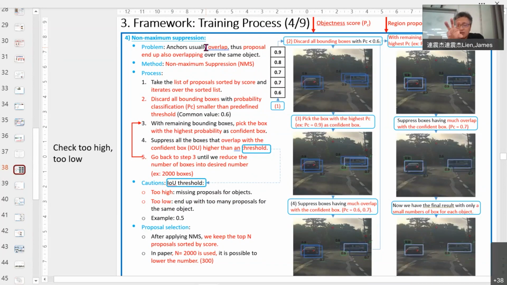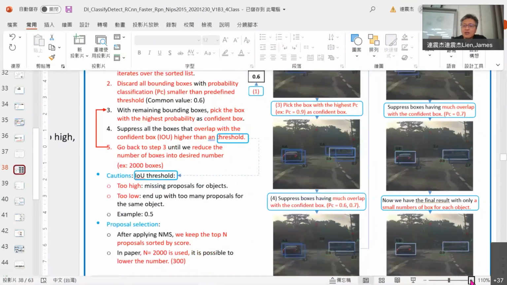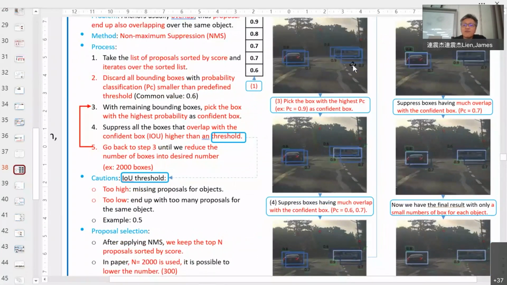Any target, foreground or object, is there. When you scan and get close to the object, there will be many candidate bounding boxes there. So how can we combine them into only one bounding box? We call it non-maximal suppression. It means if it's not the maximum, we delete it. If it is not the maximum confidence value, we delete it.